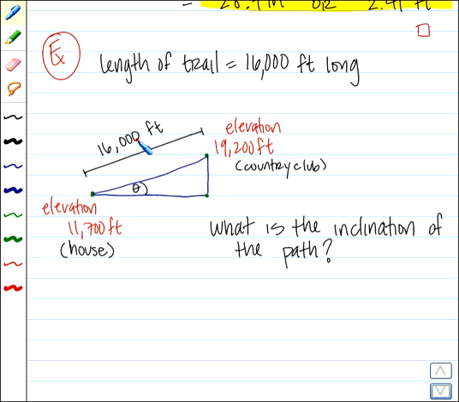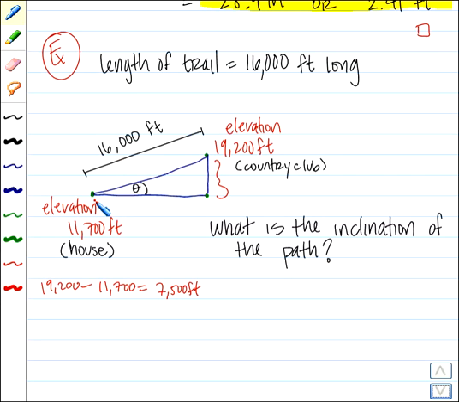We have an angle on one side. We can definitely find the length of that side. Notice at this point we're at 19,200 feet, as opposed to our initial point where we're at 11,700 feet. Subtracting these two from one another, we get the length of this side. The side happens to be 7,500 feet, the difference of the two points.